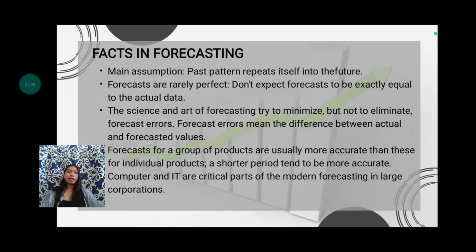Facts on forecasting. Main assumption: past patterns repeat themselves into the future. Forecasts are rarely perfect. Don't expect forecasts to be exactly equal to the actual data. The third one is that the science and arts of forecasting try to minimize but not eliminate forecast errors.